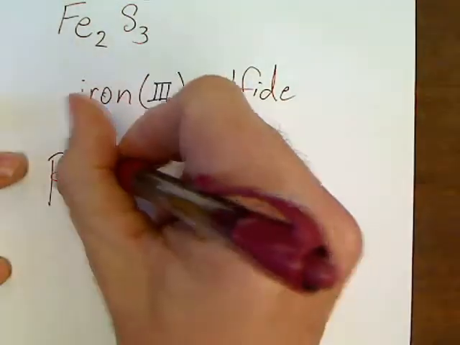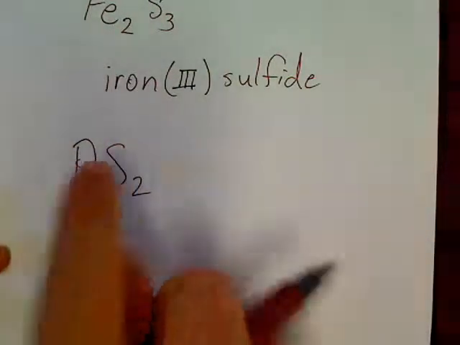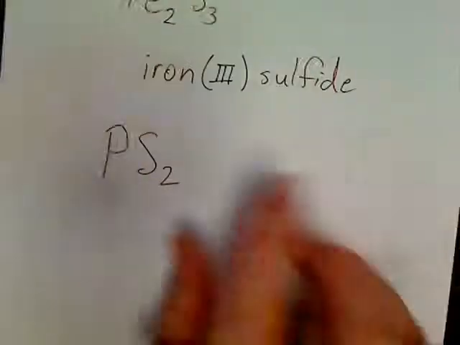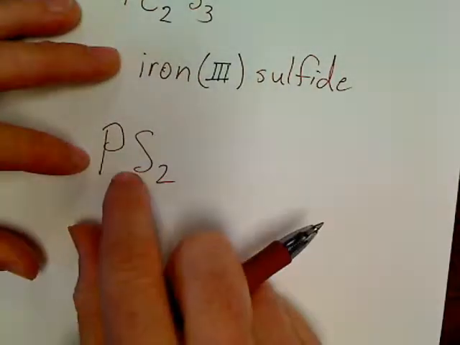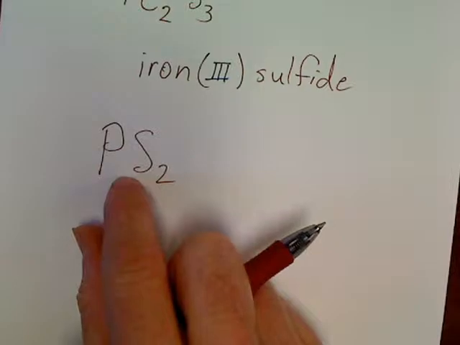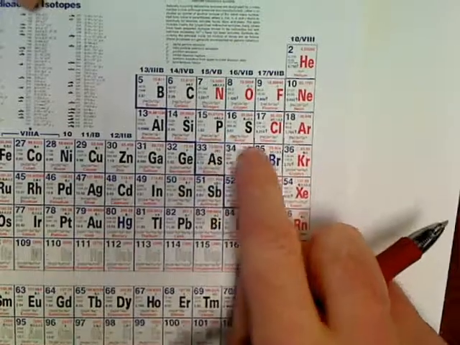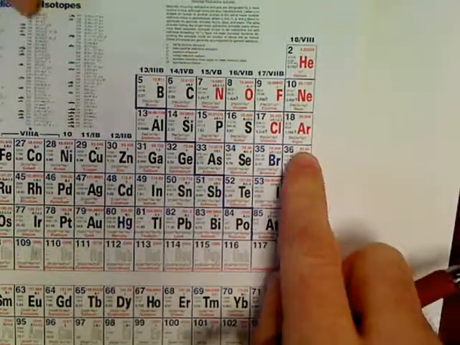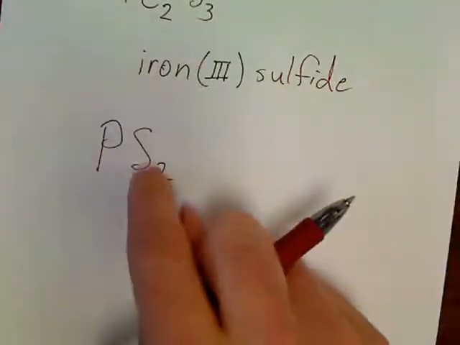What if I saw this on the paper? PS2. Hey, I still got PS2. Never mind. Wrong subject. What if you see PS2? Well, is this ionic or is this covalent? Well, let's see. P is to the right of the zigzag. S is to the right of the zigzag. If everything is over in here, that means this is covalent.